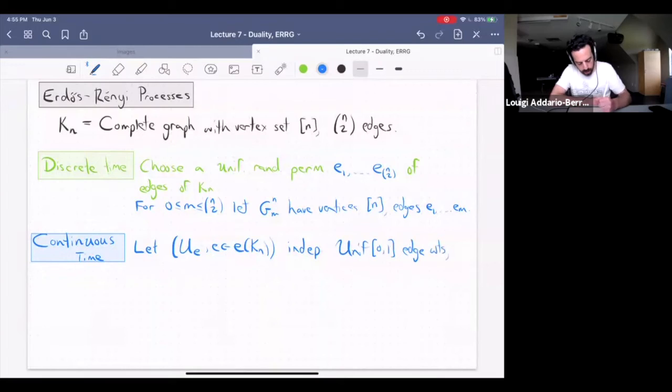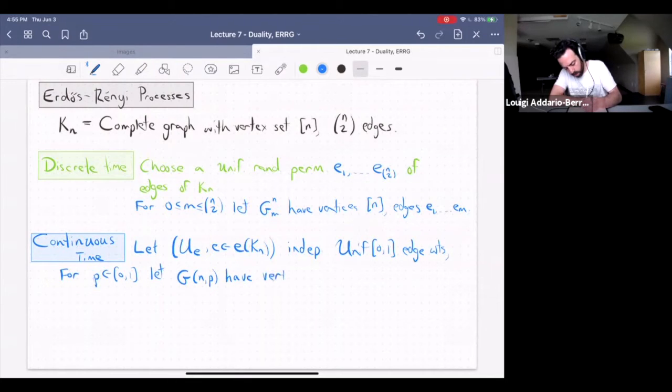Okay. And then for p from 0 to 1, we'll define a graph G(n,p), which has, again, the vertex set just the integers 1 up to n. And now the edge set is just whichever edges of the complete graph have random weight at most p.